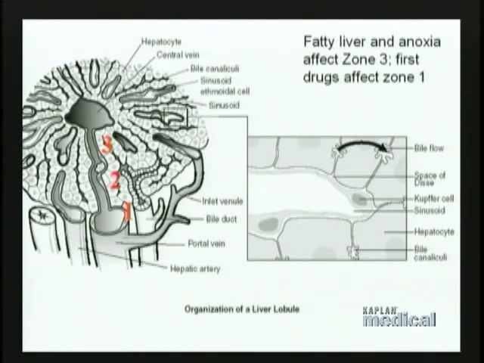the central vein. So functionally, we can associate different parts of the liver according to these zones as being first or last affected by either drugs or anoxia, respectively.